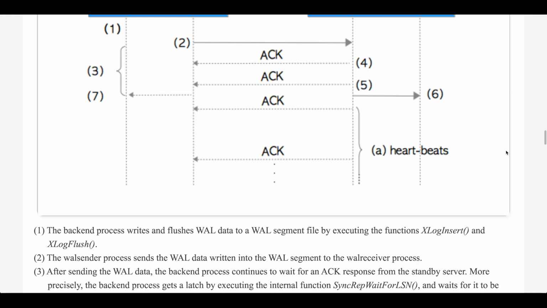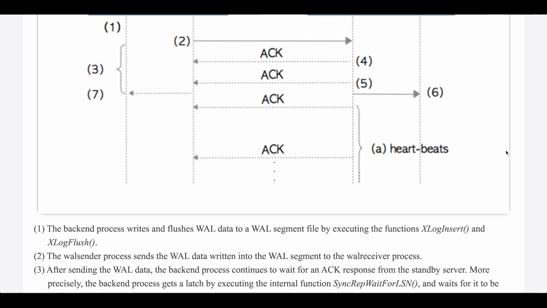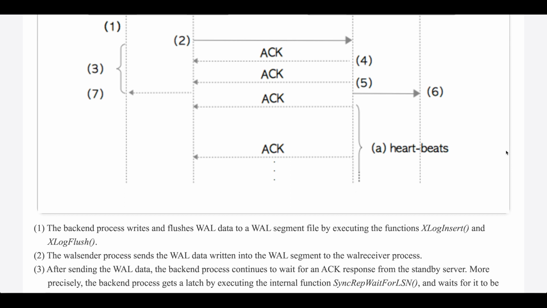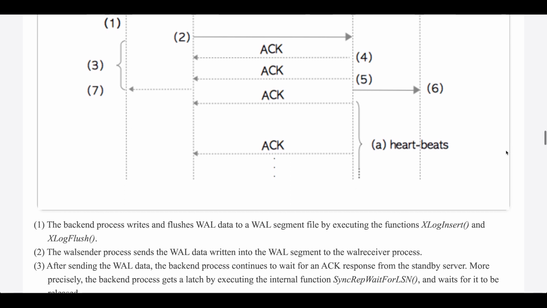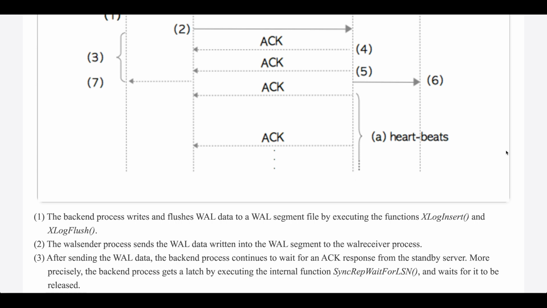After sending the WAL data, the backend process continues to wait for an ACK response from the standby server. More precisely, the backend process gets a latch by executing the internal function SyncRepWaitForLSN and waits for it to be released.